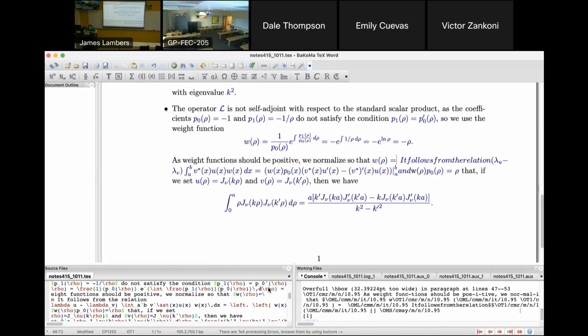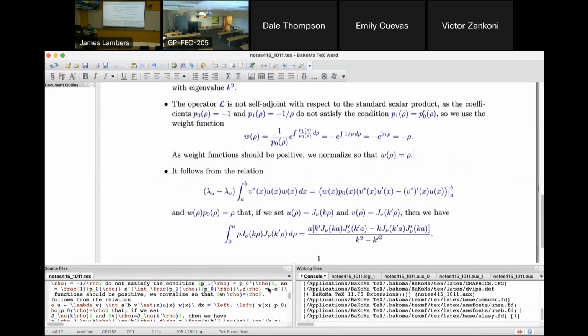So we'll just make w go rho. So with that in mind, w times p naught will be minus rho. And now everything will work. Yeah, so the sign was just out of place.